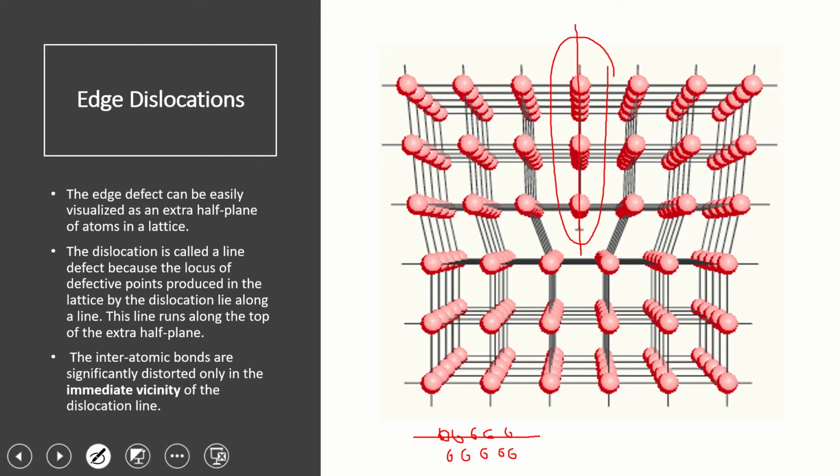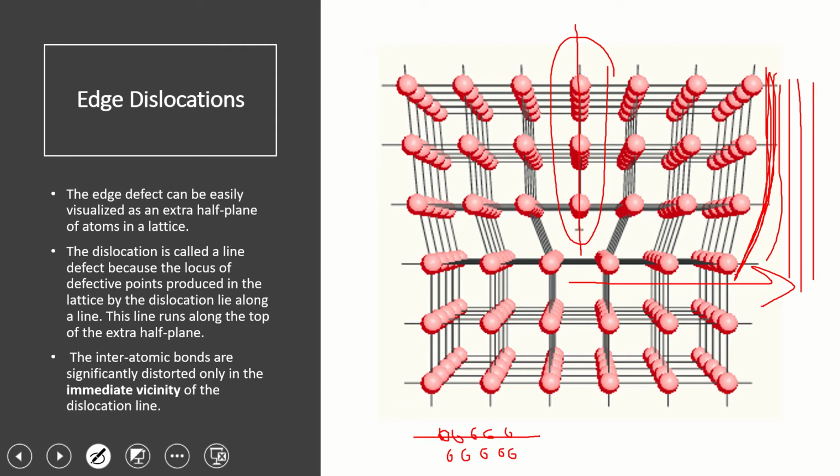The interatomic bonds are significantly distorted only in the immediate vicinity of the dislocation line, which only means that as you get farther away from the dislocation line, this distortion gets more and more none. It disappears.